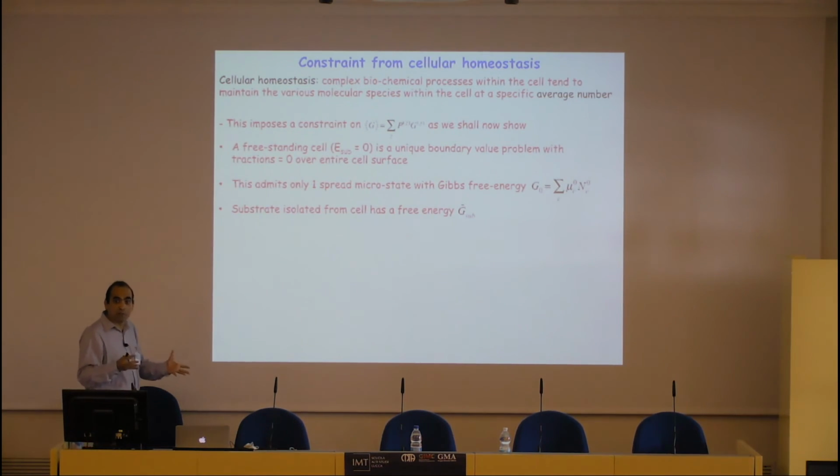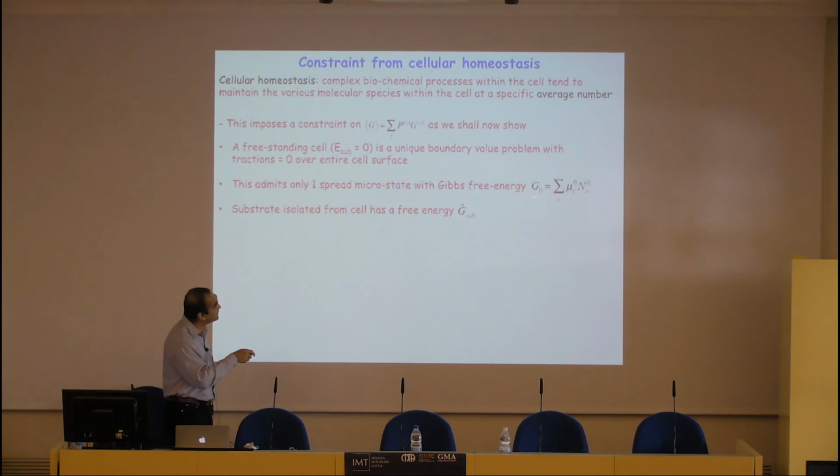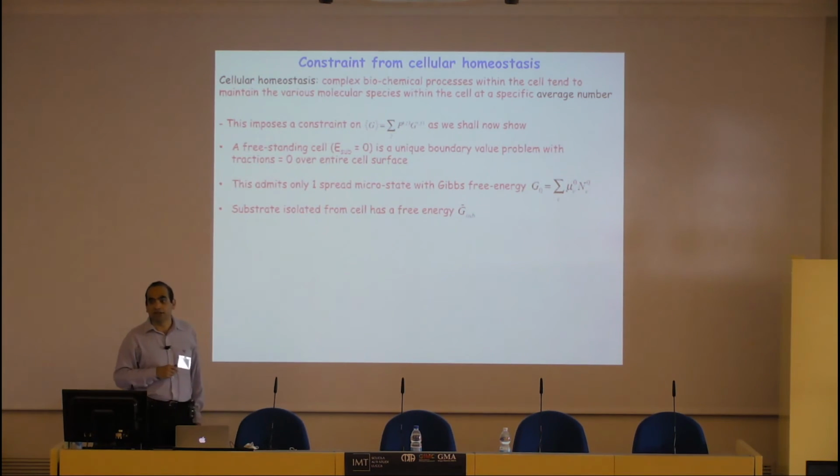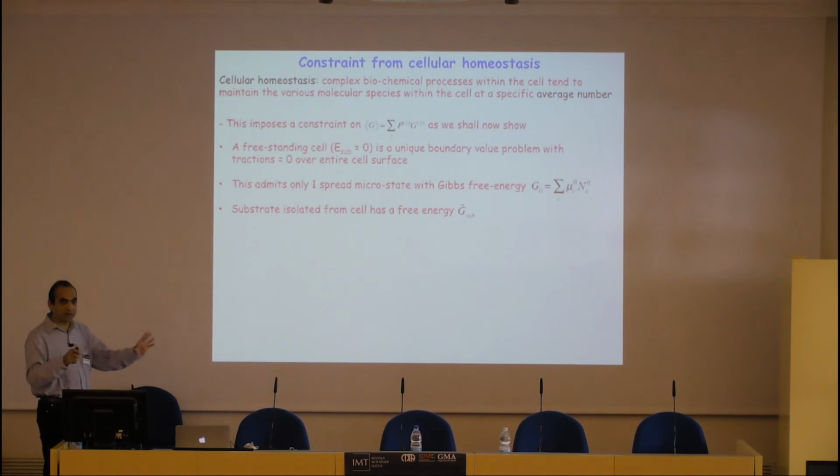There's going to be a unique solution to this boundary value problem, and it will give me a Gibbs free energy, which I'll call G naught. And of course, that would be written as the sum of the chemical potentials multiplied by the number of each species, over all species. So that gives me that value for a freestanding cell.